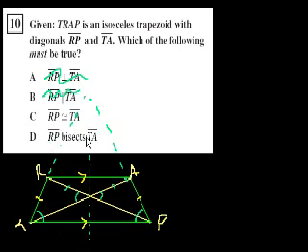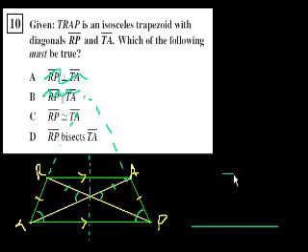And then D, RP bisects TA. I think there again you can show that if I were to draw this trapezoid slightly differently, if it looks something like this. Let me draw it like this.